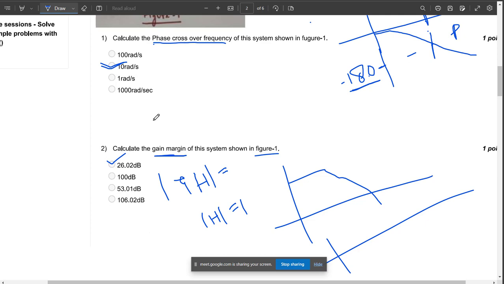Gain margin is a quantity for the stability of the system. As big as the gain margin is, that much the system will be stable. If gain margin is small, the system can become unstable very quickly. And if the gain margin is, let's say, infinity, the system will always be stable.